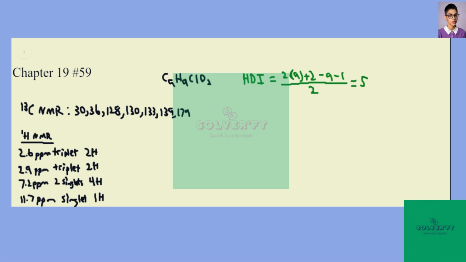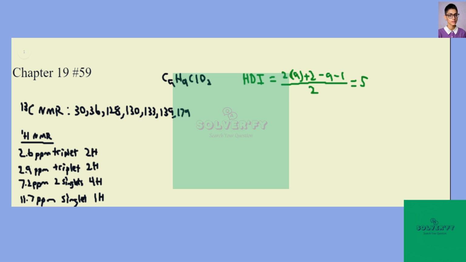Okay, and so next we have carbon-13 NMR data. And this tells us really only 2 things. So there are 7 signals here, but we have 9 carbons in this molecule. So there are some carbons that are the same, right? So we have 7 signals, but 9 carbons.